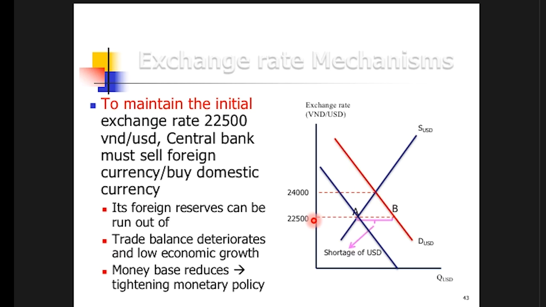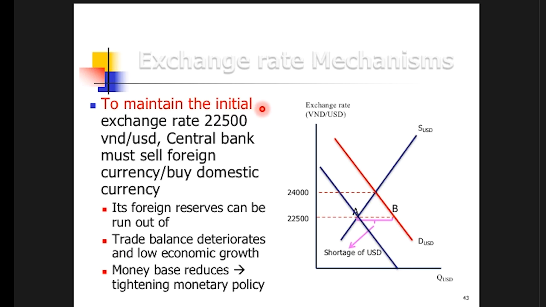If there is a change for any reason, and demand for US dollar increases, it may lead to an increase in the exchange rate up to 24,000. So how does the central bank intervene in this case?